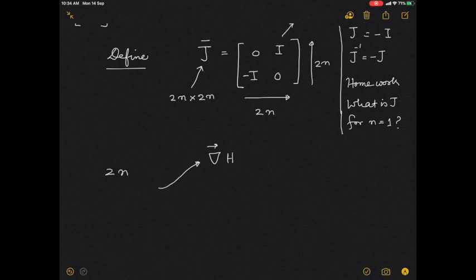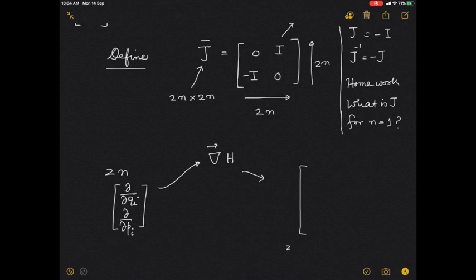the gradient of H. So now when I write a gradient, this is again a 2n dimensional gradient, which is defined this way. So del first all Q's and then all P's. Then this will be nothing but a 2n dimensional vector, which is del H del Qi, del H del Pi.